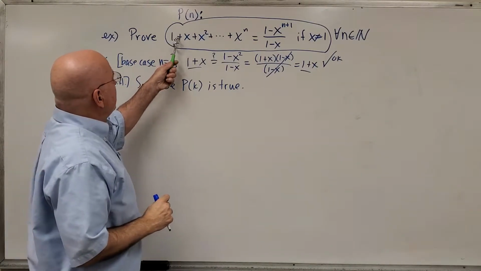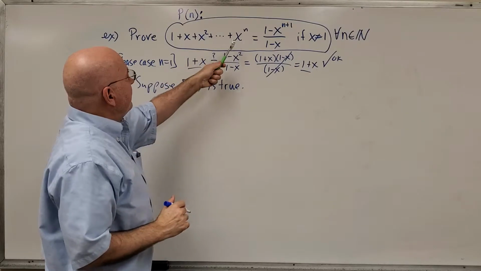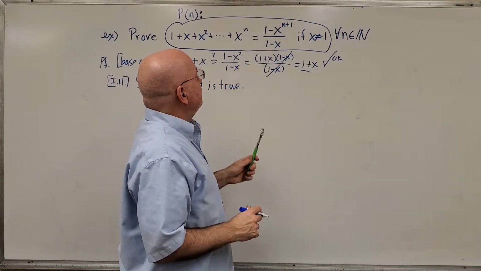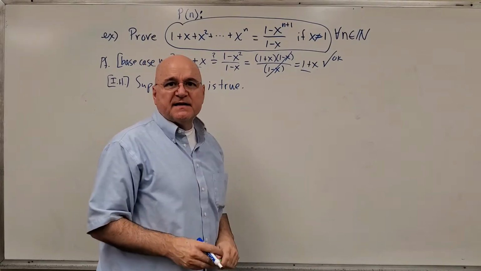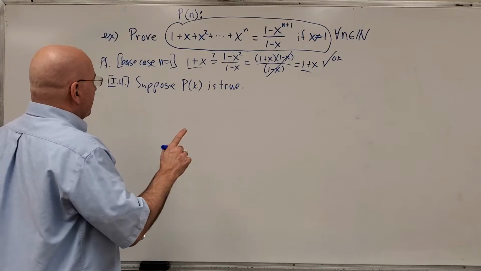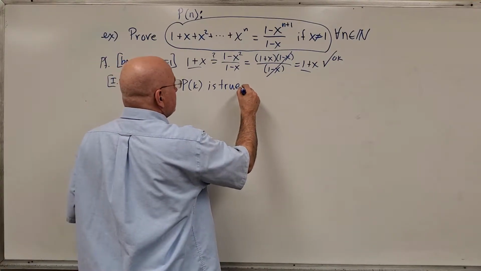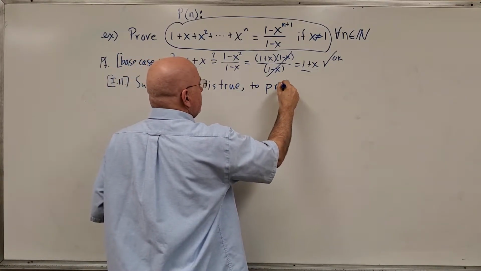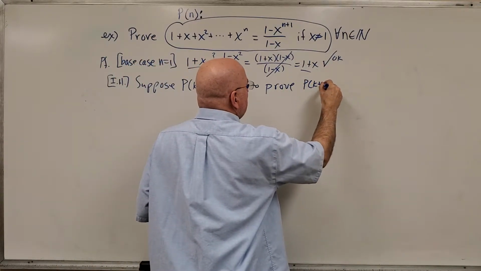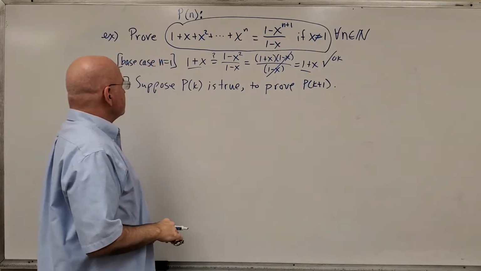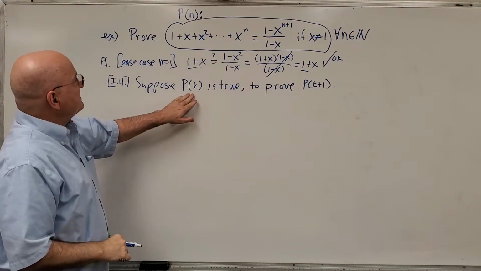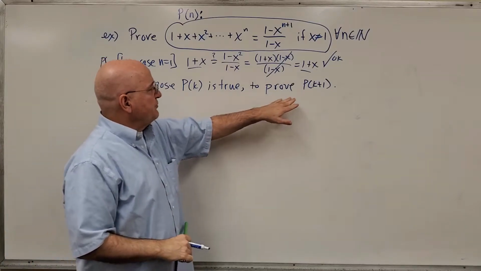So it means that 1 plus x squared all the way up to x to the k is equal to 1 minus x to the k plus 1 over 1 minus x. And we're going to do that to prove Pk plus 1. So that's kind of a story telling the reader what we're going to do. Suppose that's true in order to prove that that's true.